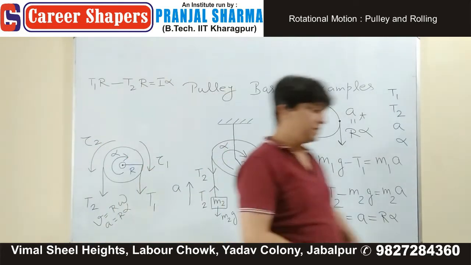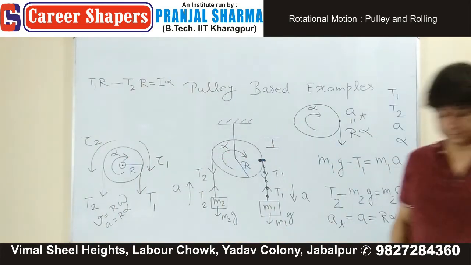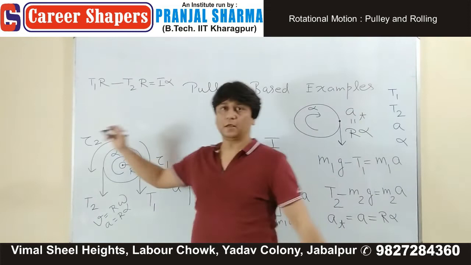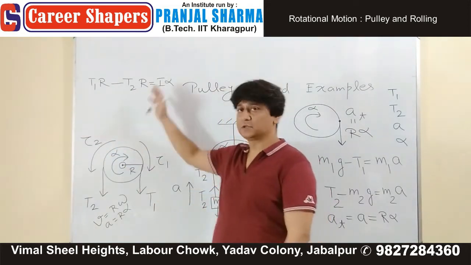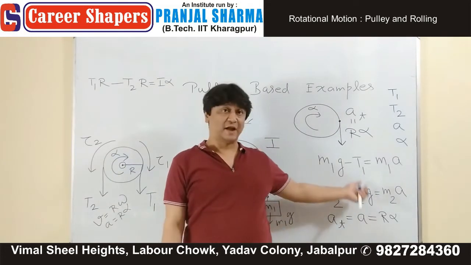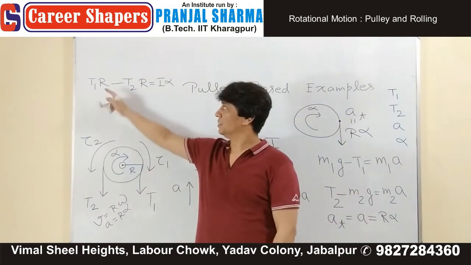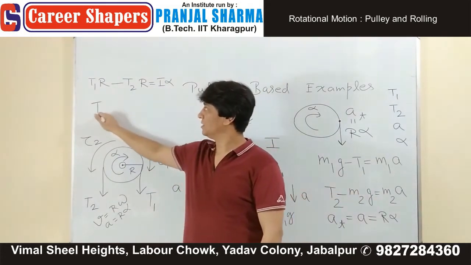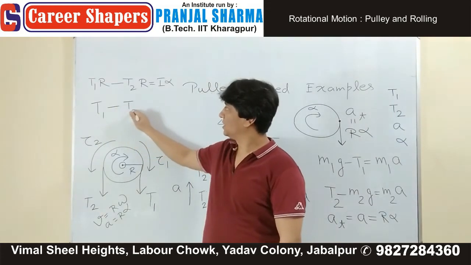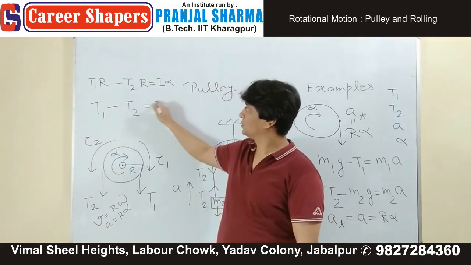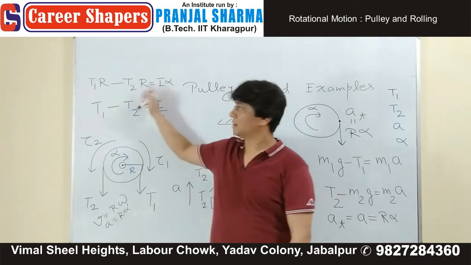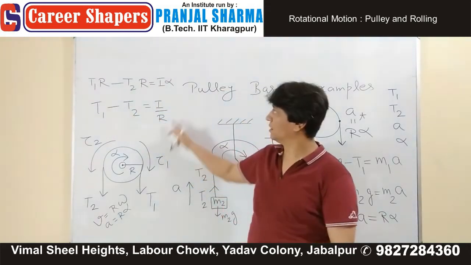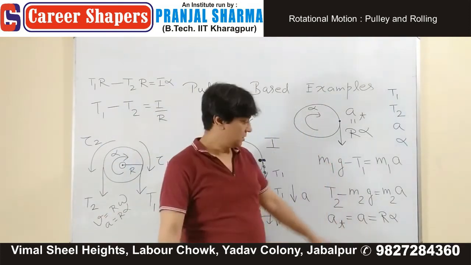Look how easy it is to solve all these equations. In just one line, we can find the acceleration. What is this? T1 minus T2 equals I alpha divided by R. Take R common, move it here. What is alpha?